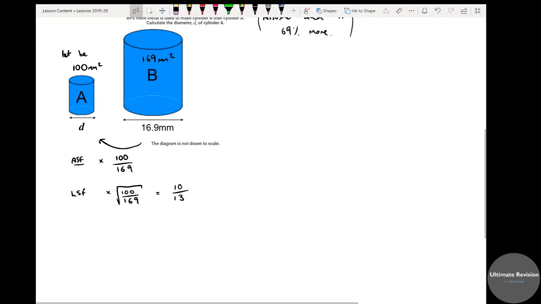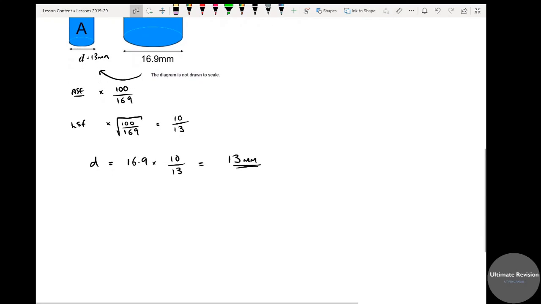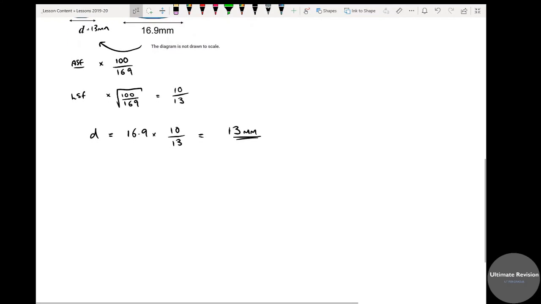Once I've got that, the question's quite straightforward because D is equal to 16.9 times 10 over 13, which is 13 millimeters. So it's not a big increase in diameter, but the surface area would increase quite a lot, 69% more in fact. That's a slight advancement on what we did yesterday.